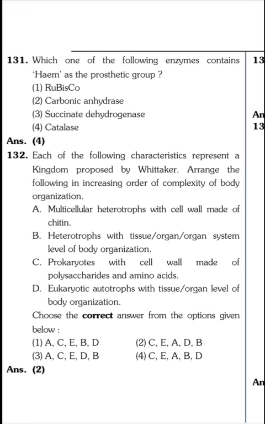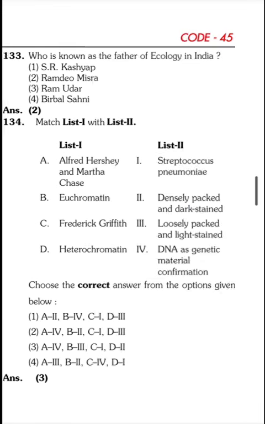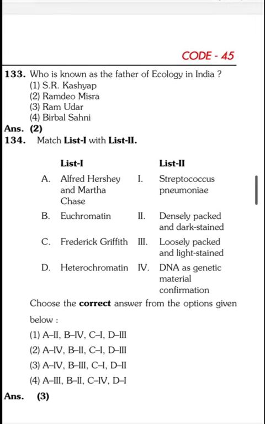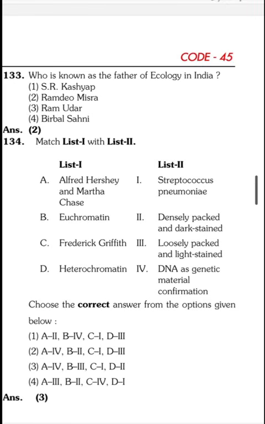Then eukaryotic autotrophs, plantae, CADB. So choose the correct answer from the options given below. CADB, that is CEADB. There is a typographical error. E statement is missing. So the answer is CEADB. Second option is correct. Who is known as the father of ecology in India? The answer is Ramdeo Misra.